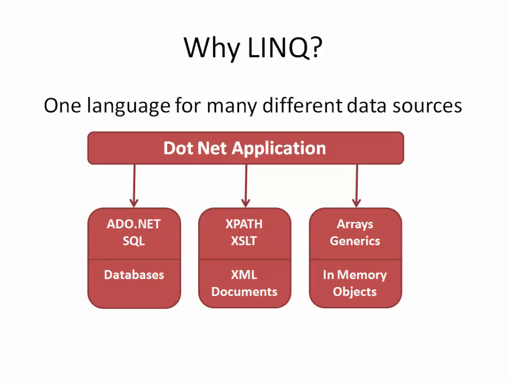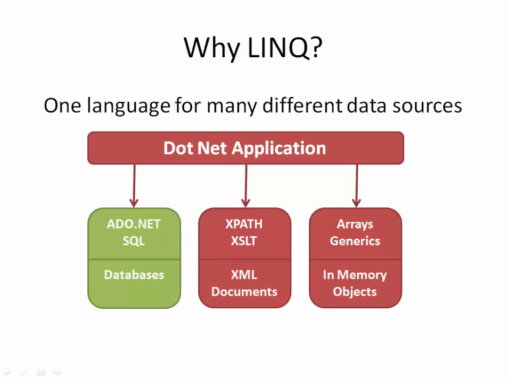So a common problem in development has been querying the data because of the lack of a defined path and need to master multiple languages to both develop an application and interact with the database. If we're developing a .NET application that requires us to get data from different data sources such as a database, a list of objects, an XML document, previously we would have to understand the technologies and the syntax that is used for each one.